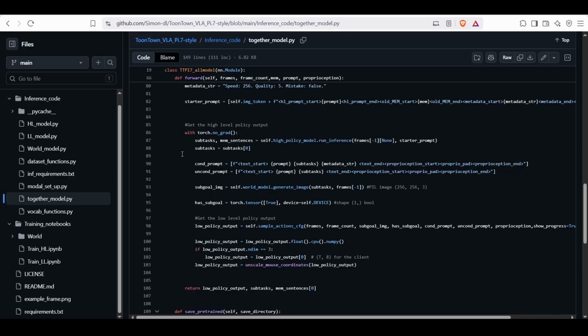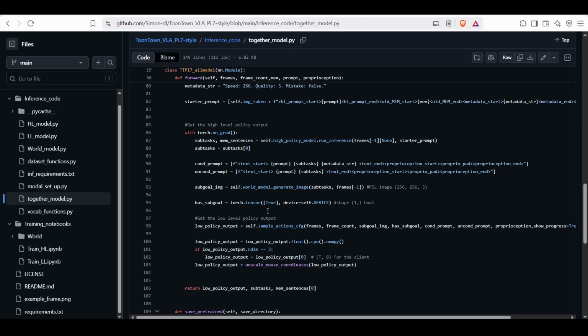So that's what's happening here. Get the subtask, throw it all into the world model, get the actions from it, and then send the actions back. They do async so that none of this is blocking the low level action generation, and that greatly reduces their latency for action generation.